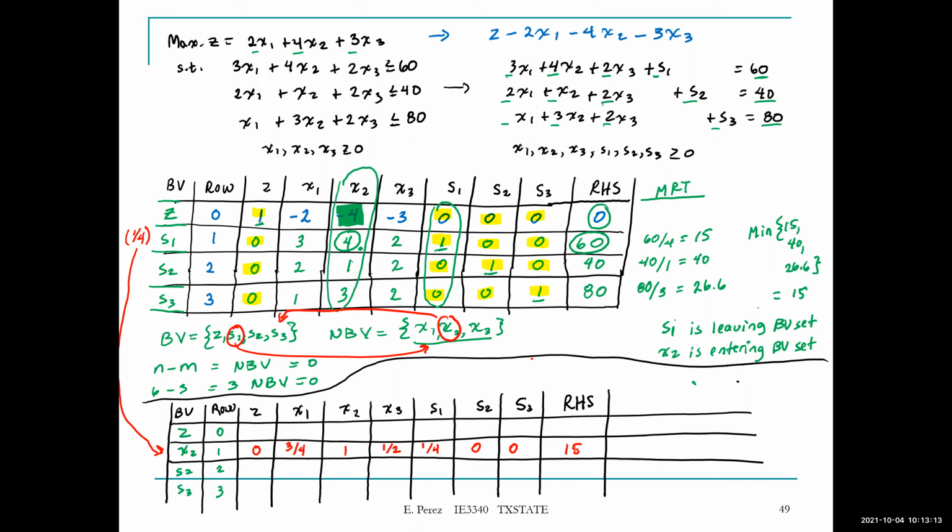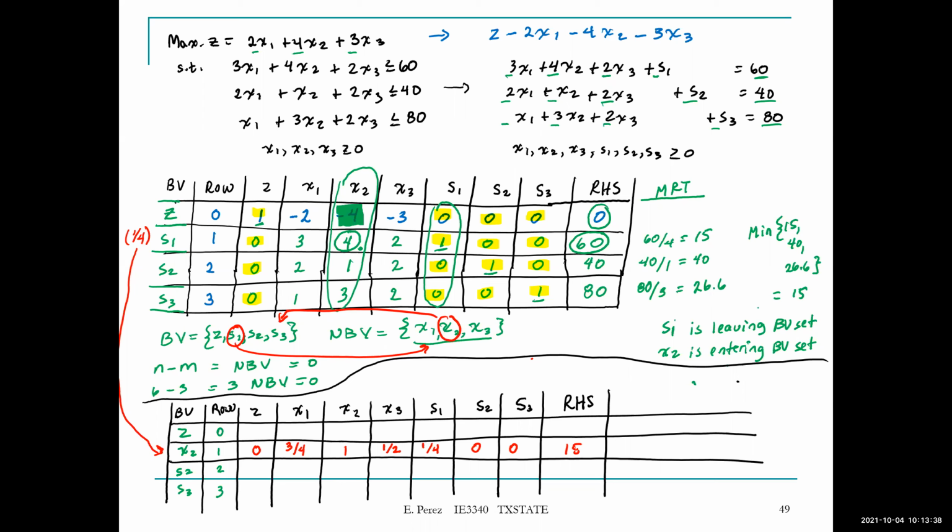No. You mean this value here? Yeah. It's not gonna be a -2 because we need to make sure that this is 0. So we're gonna multiply by 4 this column, and we're gonna add that to row 0. Okay. So those are the elementary row operations.